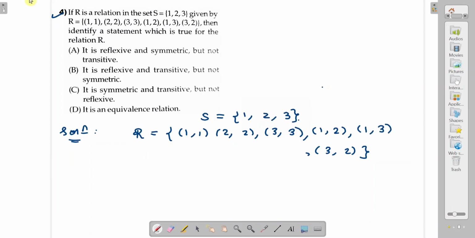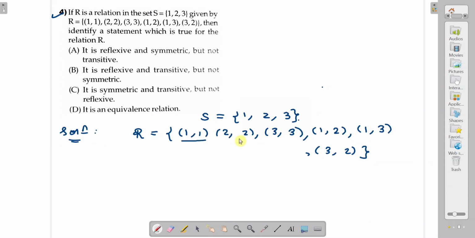Okay, for reflexivity, what we have to check is if all the pairs of the form (a, a) are there in this relation, where a is in the set S. For every a in the set S, every ordered pair should be there.